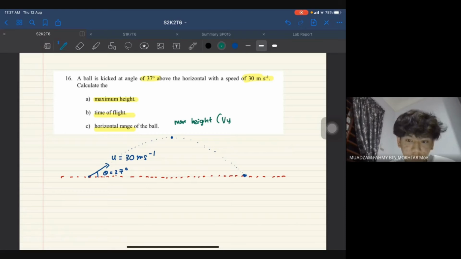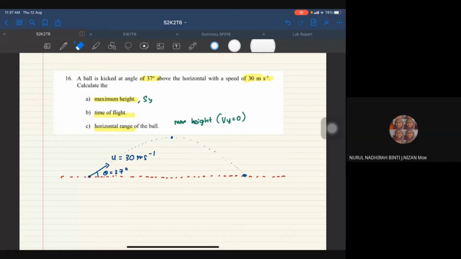So over here, Vy is equals to 0. Soalan dia nak maximum height. Soalan dia nak apa sebenarnya? Kuantiti apa? Distance. Okay, betul? Y component or X component? Y. So basically the question want to find as Y. Okay. Boleh ikut? Boleh sir. Kita buat terus lah. Kita buat soalan A terus.